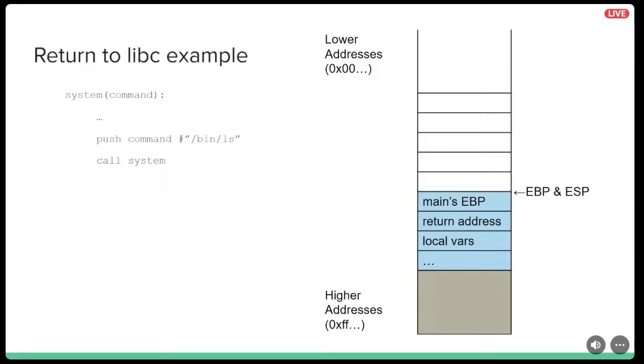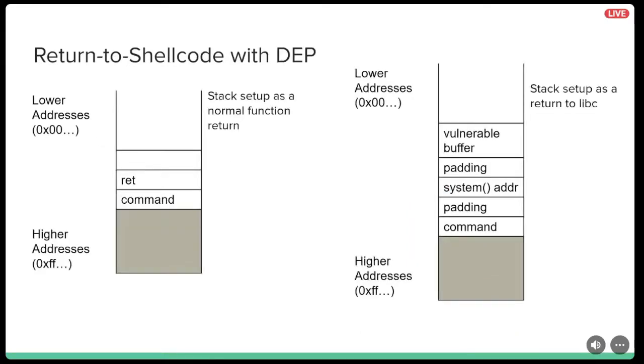So here we have our stack. We'll push the pointer to that /bin/ls string and then call system, which will push the return address of where we're supposed to go back to. And on the left there, that's what it looks like with a normal function call.